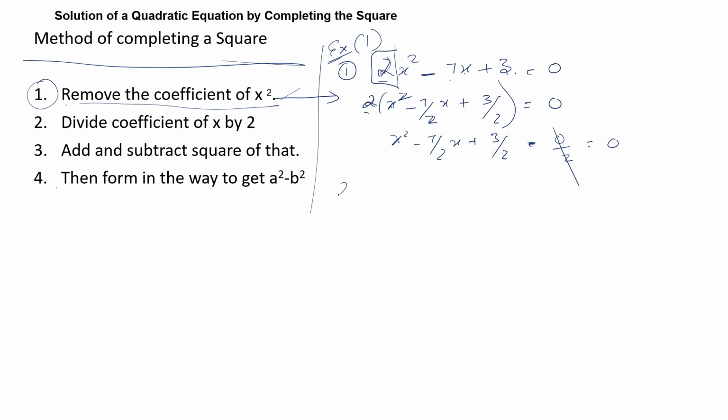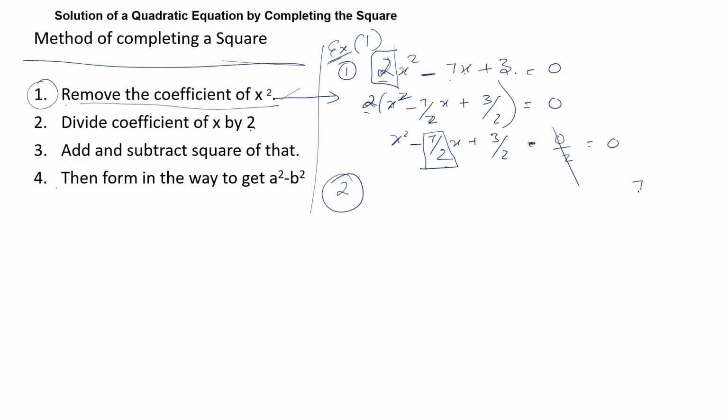Now the second point: divide the coefficient of x by 2. What is the coefficient of x here? Coefficient of x we have to take actually with the sign, meaning it is minus 7 by 2, but you take it without the sign. So 7 by 2 is the coefficient.